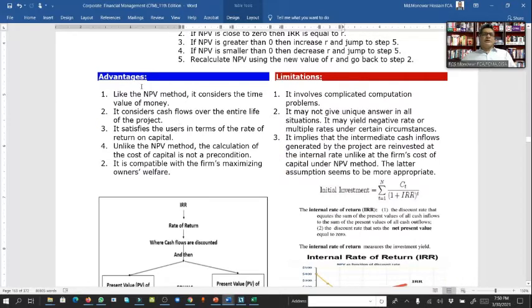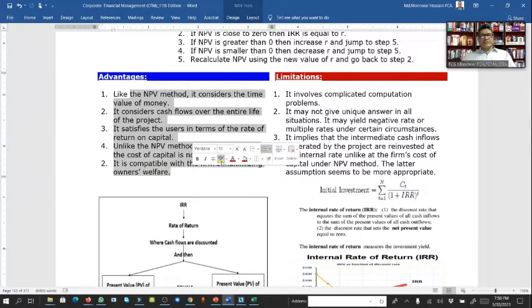There are some advantages. There are a lot of advantages of this investment technique. Like the NPV method, it considers the time value of money, and considers the cash flow over the entire life of the project. All cash flows are considered here, unlike the payback period, etc. So it satisfies the useful terms, the rate of return on capital.